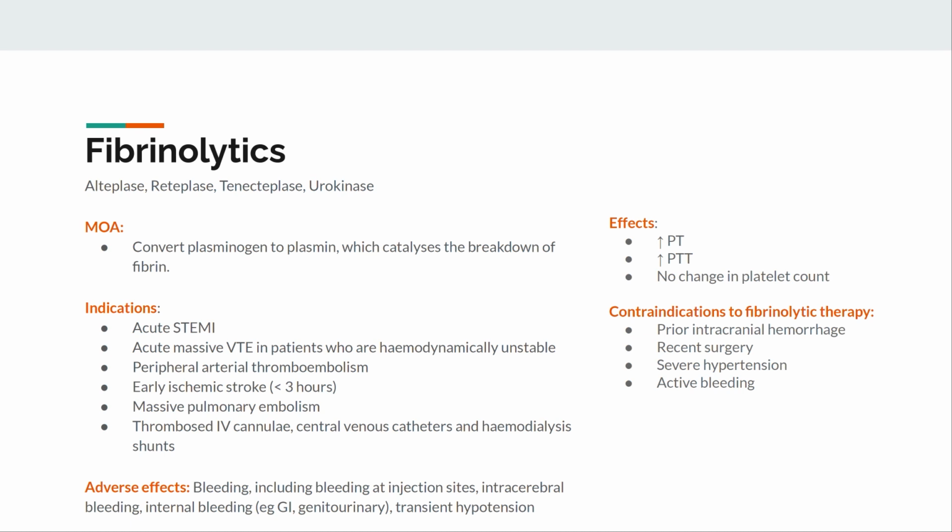Which is why it's only used in a pulmonary embolism that's associated with shock, because otherwise you can just give them heparin and wait for that pulmonary embolism to break down on its own. It won't kill them. But if it's so big that it's causing shock, then yeah, you need to dissolve that thing to cure the shock.